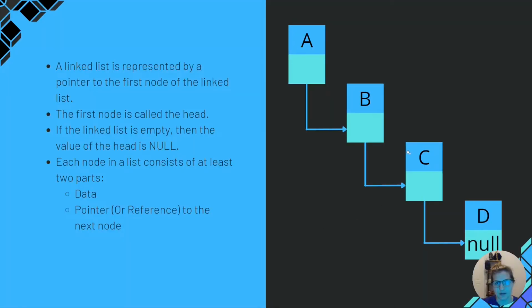If C was the element that we needed to delete, then we would iterate from A, go to B, to C. We'd be paying attention to our previous value, and we have to change B's pointer to now point to D, because that's what C points to, right? So B's pointer would change to what C is referencing.